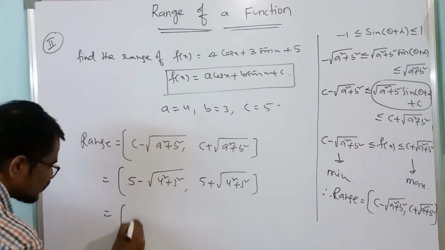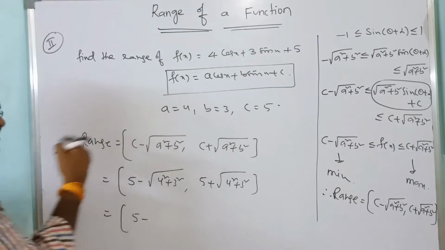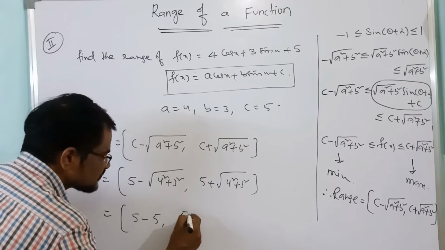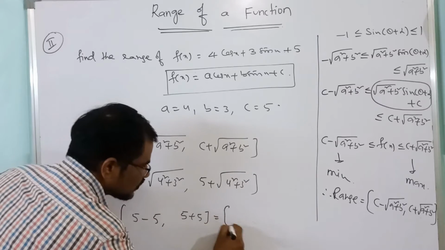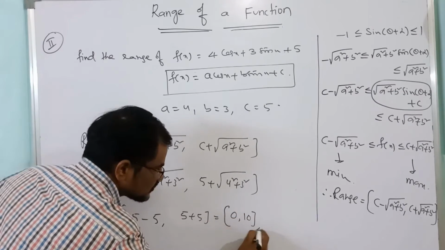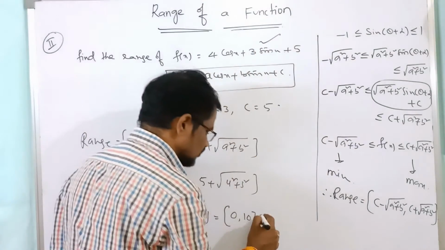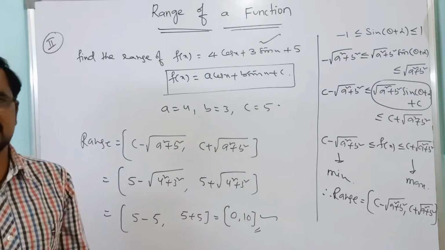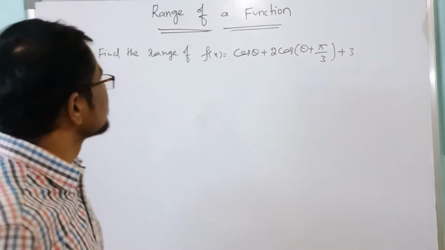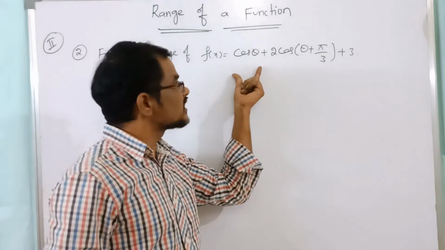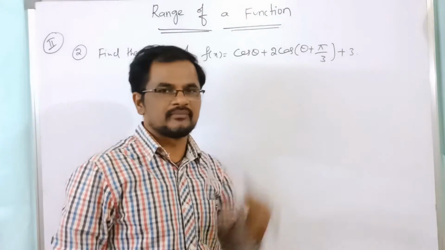That is equal to 5 minus root of 16 plus 9, that is 25. Root 25 is 5, so 5 minus 5 and 5 plus 5. That is equal to the closed interval 0 comma 10. So the range of this function is the closed interval 0 comma 10, right?